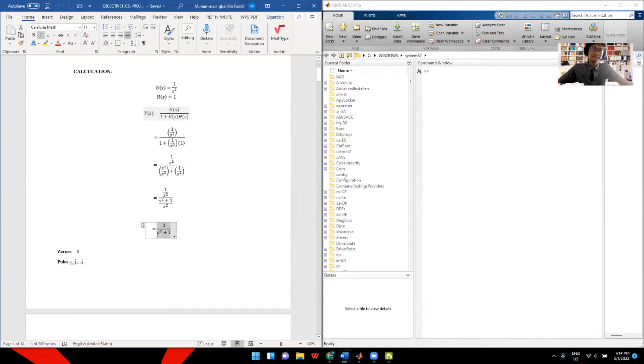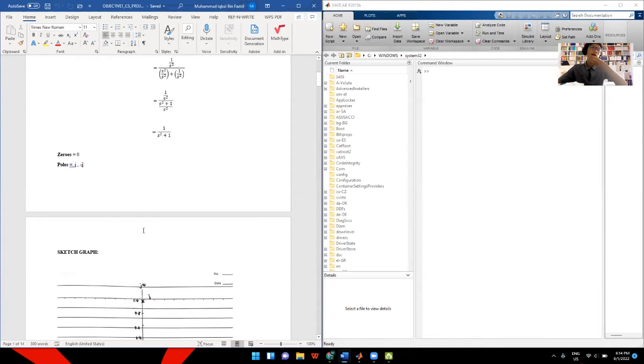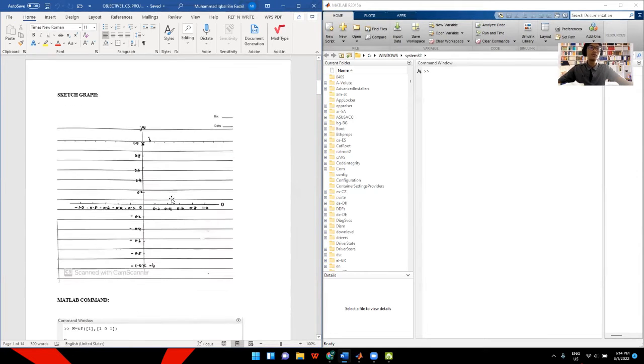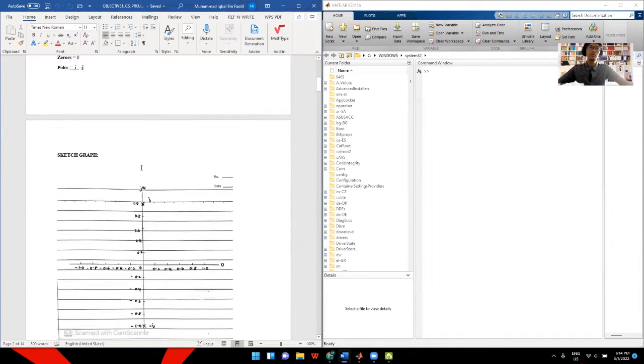This is obtained from the imaginary solution. So we get this value. After we get this value, we can sketch a graph. So this is the graph from the poles value.